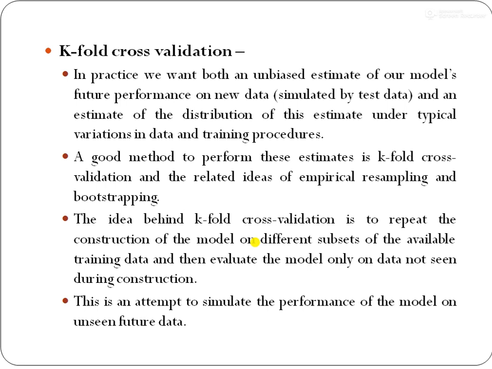So the idea behind k-fold cross-validation is to repeat the construction of the model on different subsets of the available training data and then evaluate the model only on data not seen during construction. That means we will finally be evaluating the model on the test data, which is only seen at a later stage of our project. So this is an attempt to simulate the performance of the model on unseen future data.